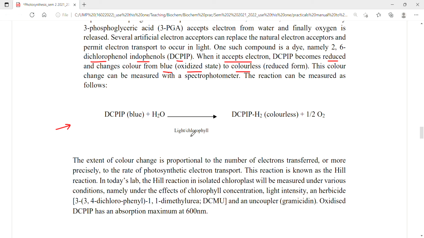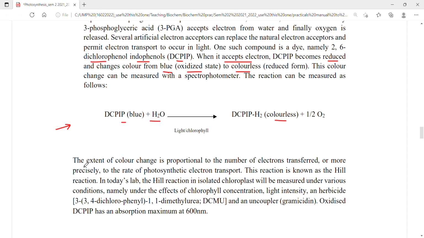Because of the light reaction pathway of photosynthesis, it becomes colorless, because DCPIP can take the electron that flows to water in between.